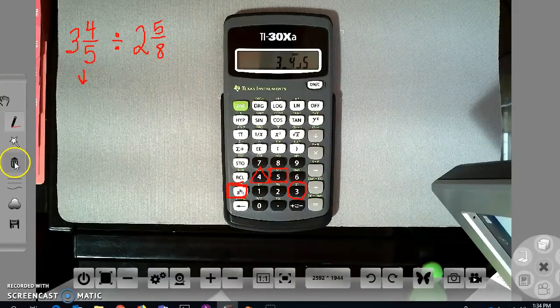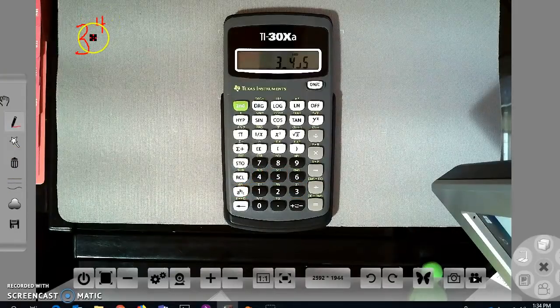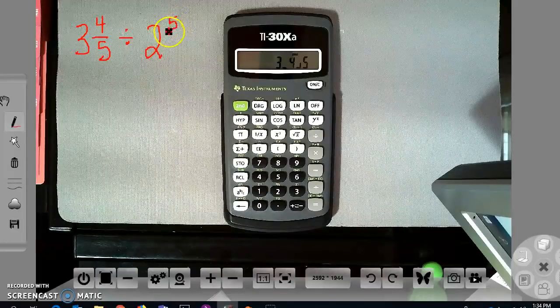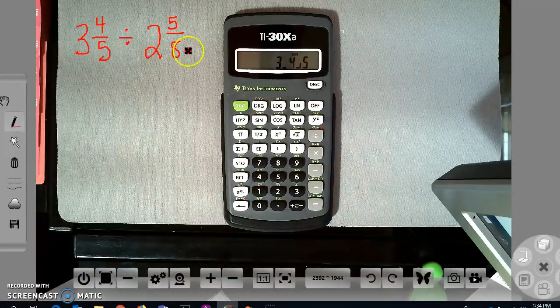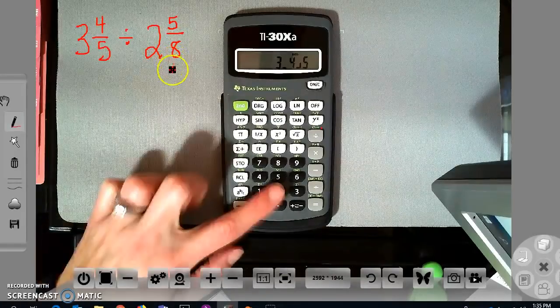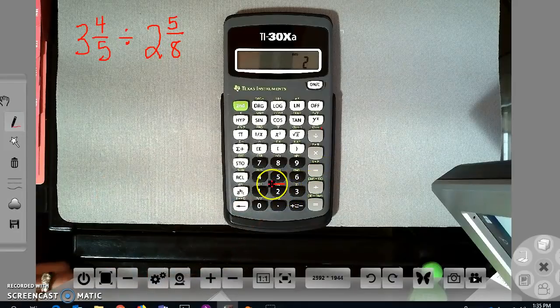We're now going to press the division button, and we're going to repeat the same process for the next fraction of 2 5/8. You are first going to put in your whole number, which is the 2.